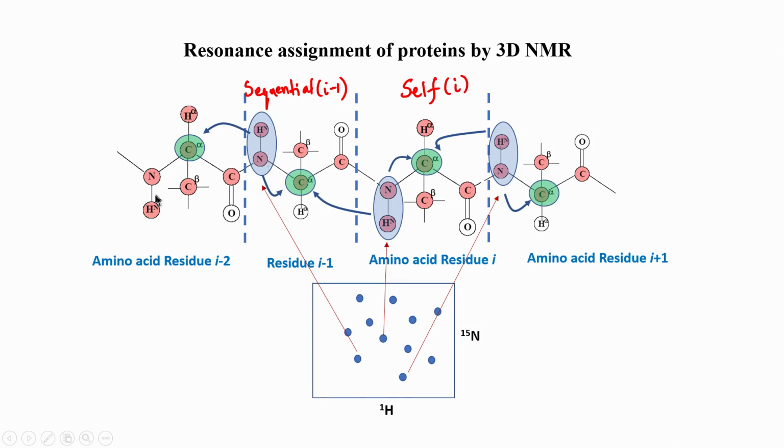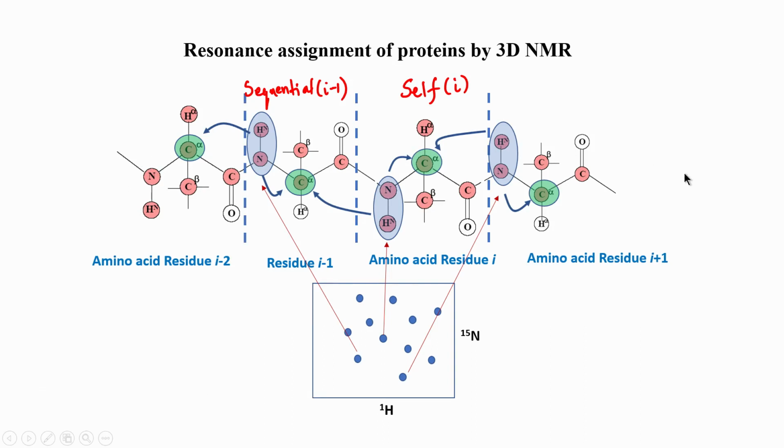So, for example, it may happen that this NH is completely missing in the spectrum. It does not mean this is missing, it will mean only this is missing. This could be missing because of various reasons like fast exchange and so on. So, it could be possible that this NH is missing, and therefore, we are not able to continue further this side because there is no information on this.